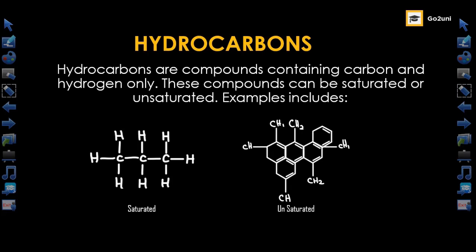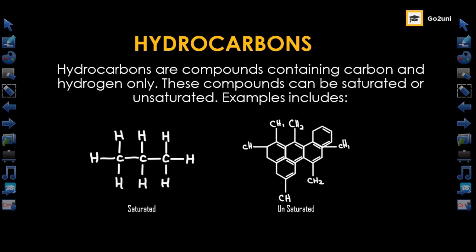The unsaturated compounds could have double bonds or triple bonds between their carbon atoms, as we can see displayed on the board. So these are examples of what we refer to as hydrocarbons, compounds of carbon and hydrogen only.